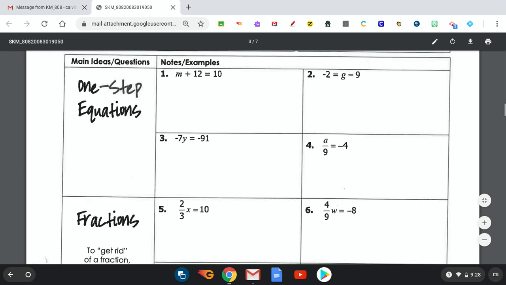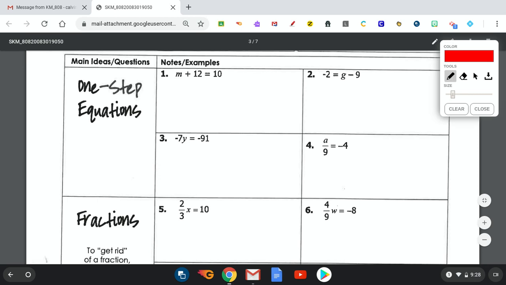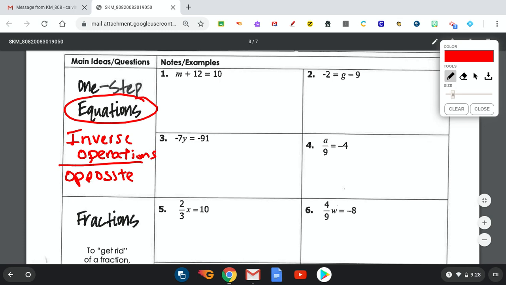So remember, the thing with one-step equations is that you got to know and understand inverse operations. Which technically means you're doing the opposite. And also, this is an equation, so you're having to solve for something.